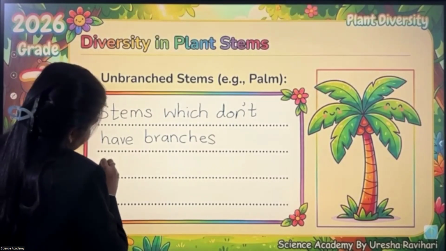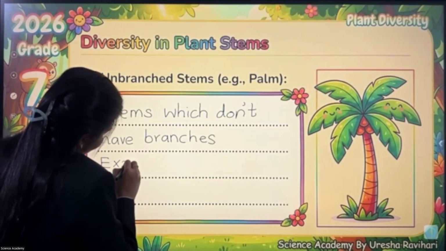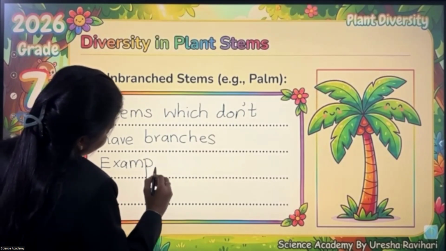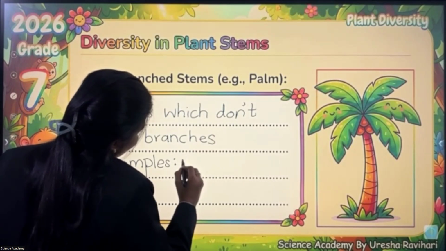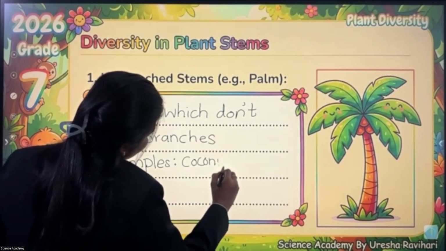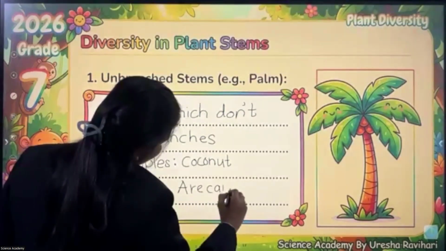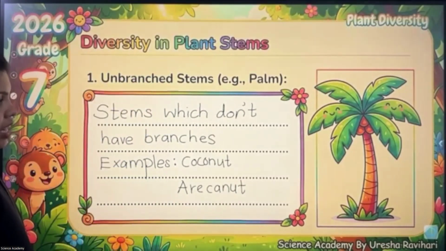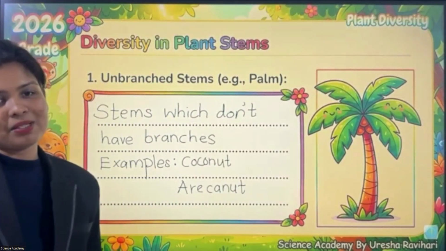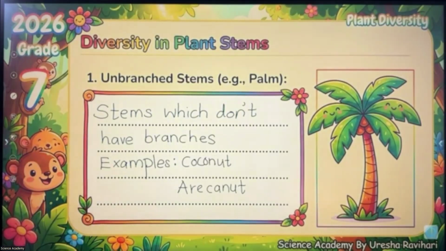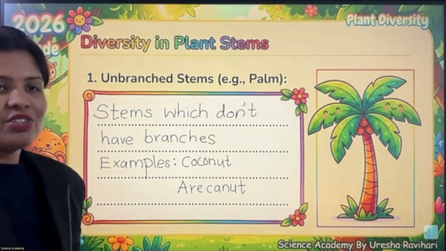Examples: coconut, arecanut, some grasses like plants also we can take as examples. Okay. Done, teacher. Okay, finished?